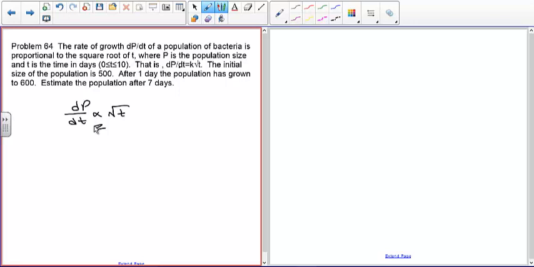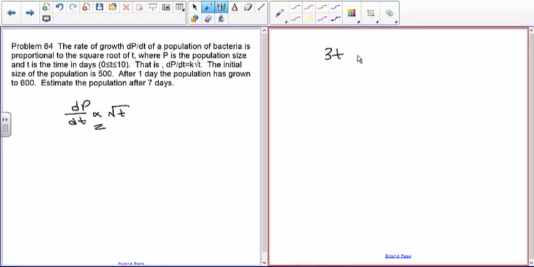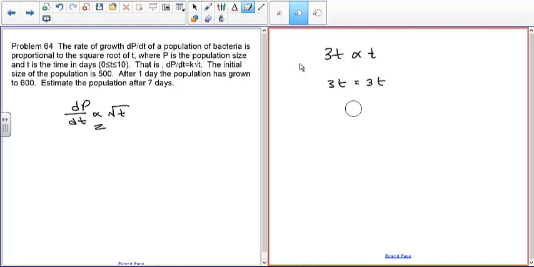So what that would mean is, what would I say? 3t is proportional to t. In this case, 3t equals 3t. Actually, here's something from physics.